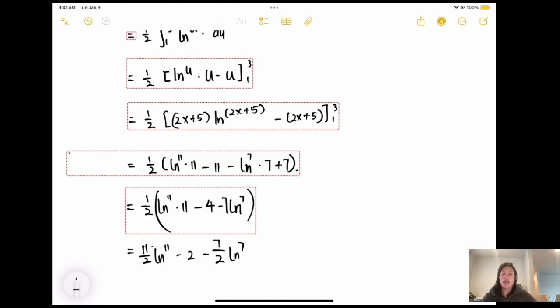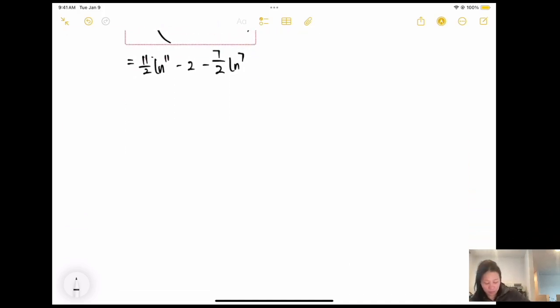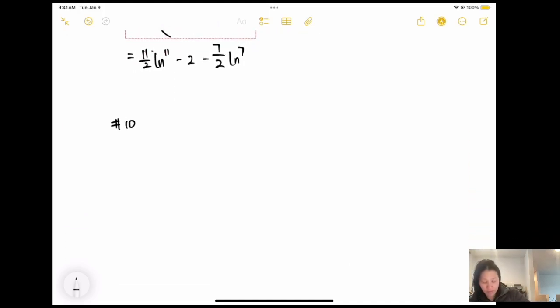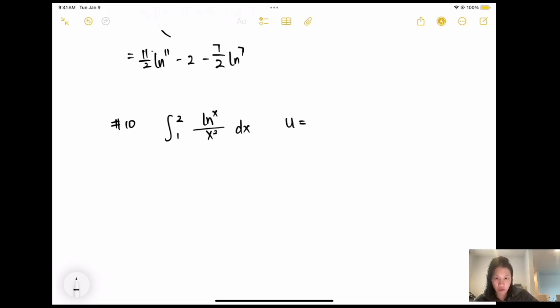Okay, number 10. I have integral from 1 to 2 of ln of x over x squared dx. So this one, we need to use integration by parts. So u equals ln of x.